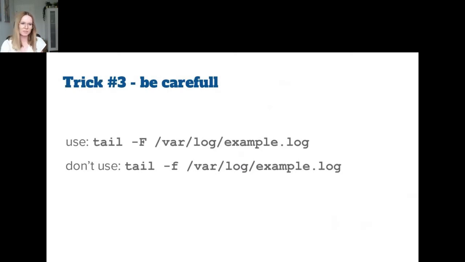You should use option capital F, because this option tells tail to track changes in the file by name instead of checking inodes, which change during rotation. Also, when you use capital F, tail will try to open the file when the file is not present. So you need to be careful using tail in the sidecar container.